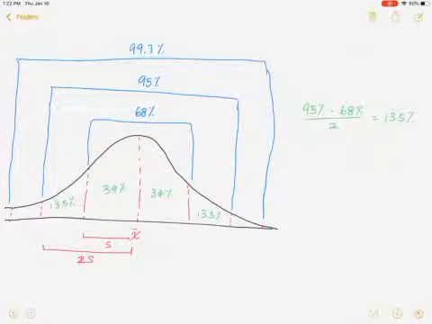Same thing, I can find this tiny portion on each side, which is going to be 2.35%. I do the same thing: 99.7% minus 95%, divided by 2.